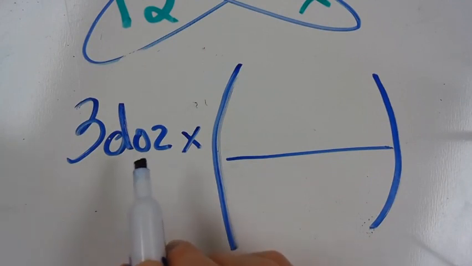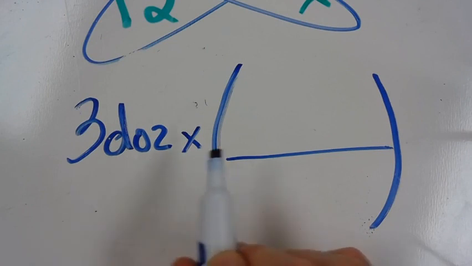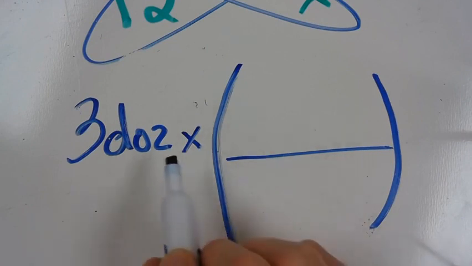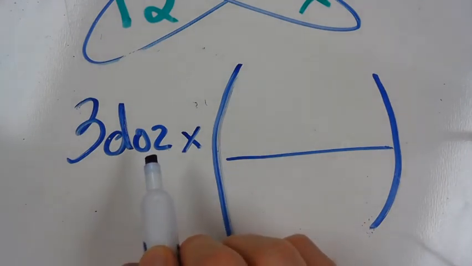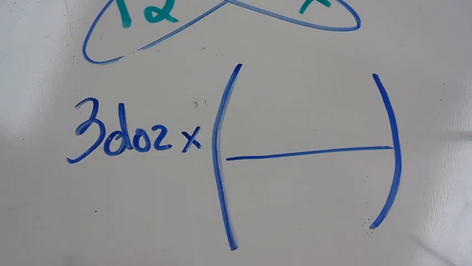Okay, so if we start with dozen, what we want to do is multiply by a conversion factor, a fraction, where it's going to cancel dozen out and convert it to something else. So the base rule for dimensional analysis is whatever your starting label is, that goes in the denominator.